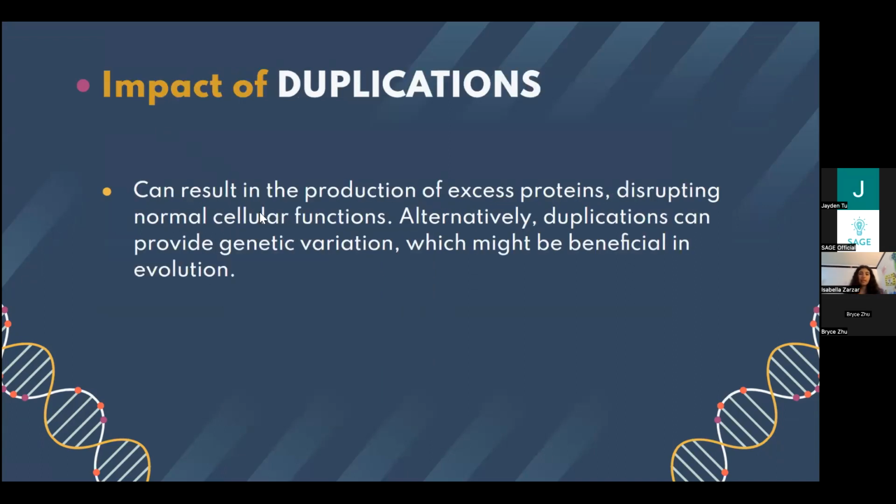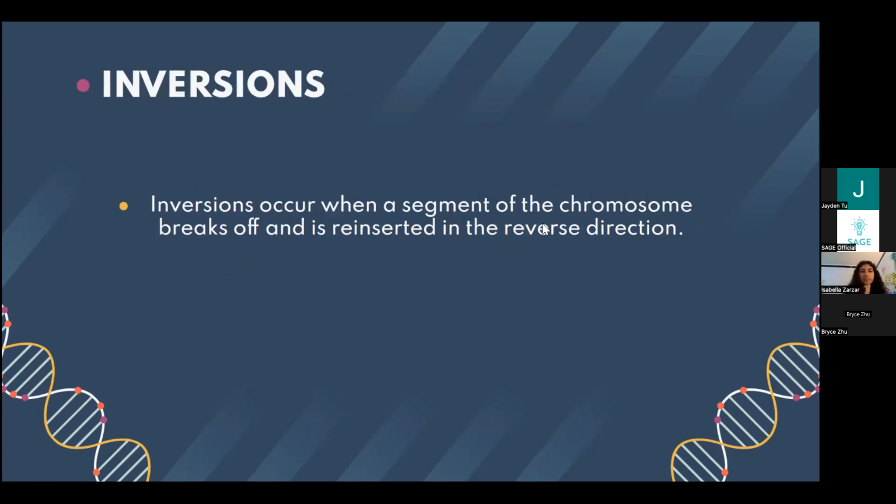For the impact, that can result in the production of extra proteins, which can disrupt normal functions of the cell. But duplications can also provide genetic variation, which can be beneficial in evolution. So yeah, we'll go over later on how these mutations can actually affect us in the real world.